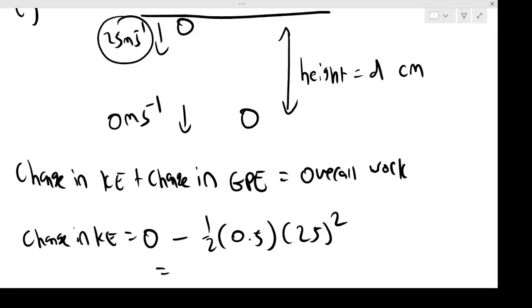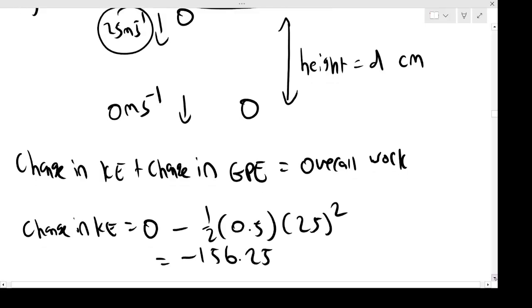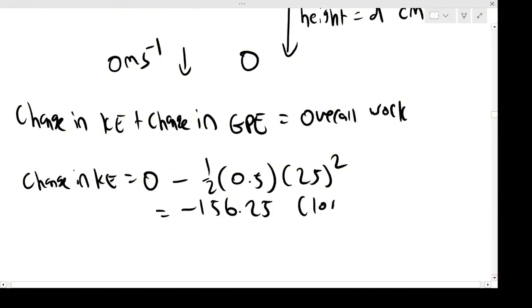That's going to be 0 minus 156.25. And again, it's negative because you lose kinetic energy. I do need to keep the sign, the negative.